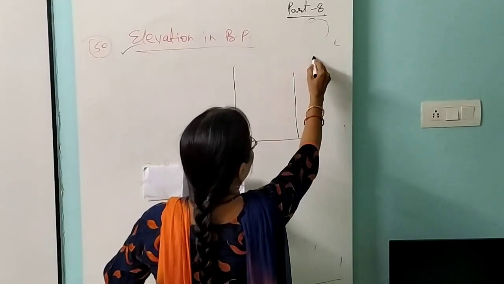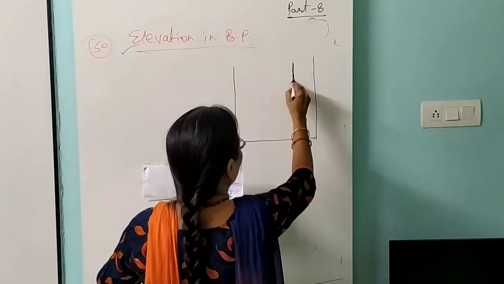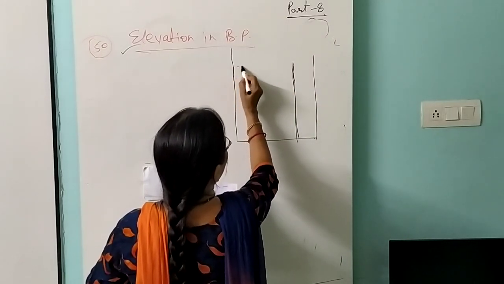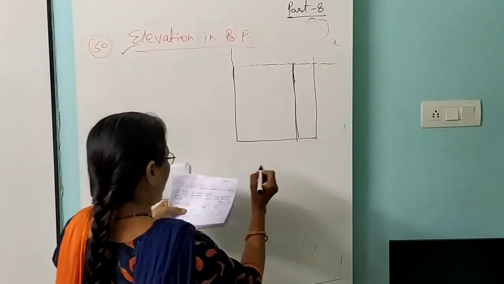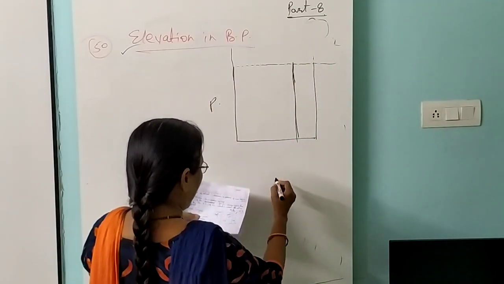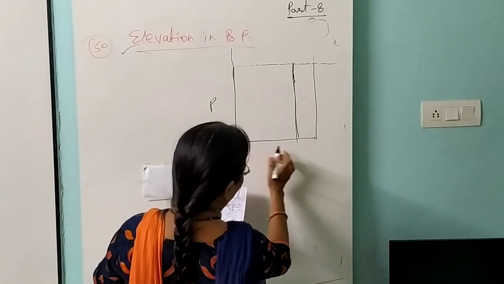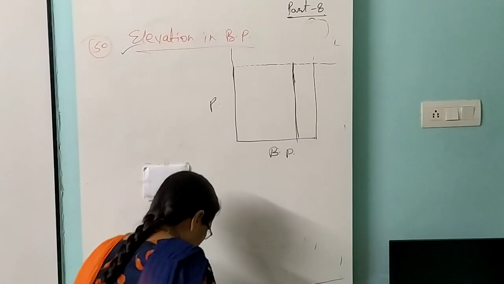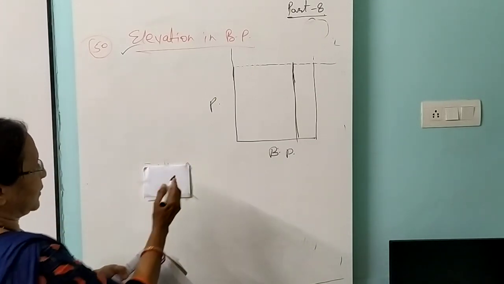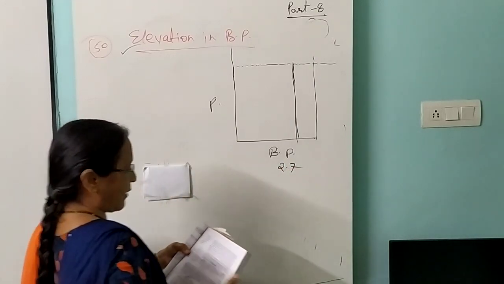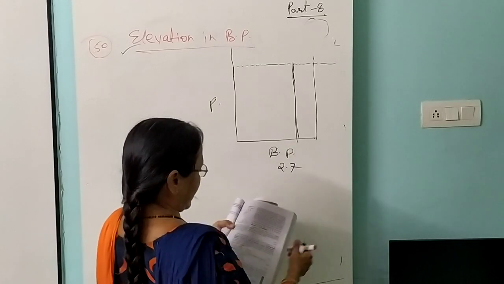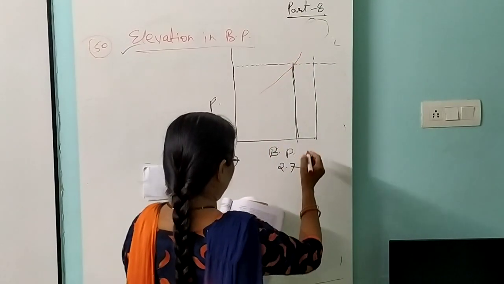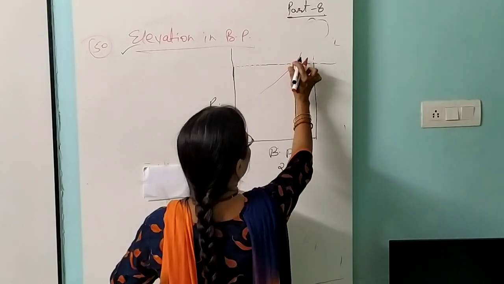Students, in our textbook this graph is given as figure 2.7. I am explaining just a line diagram here for solvent as well as for solution.